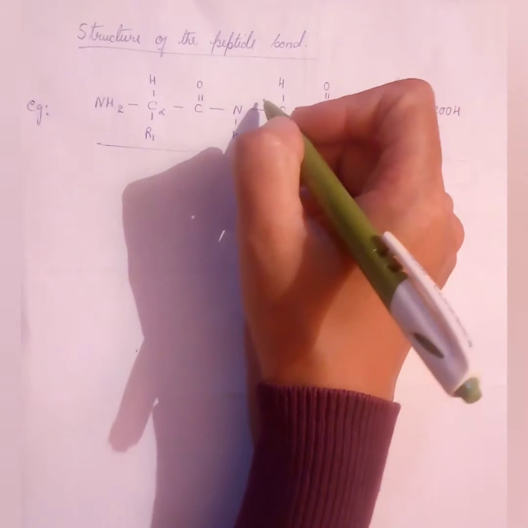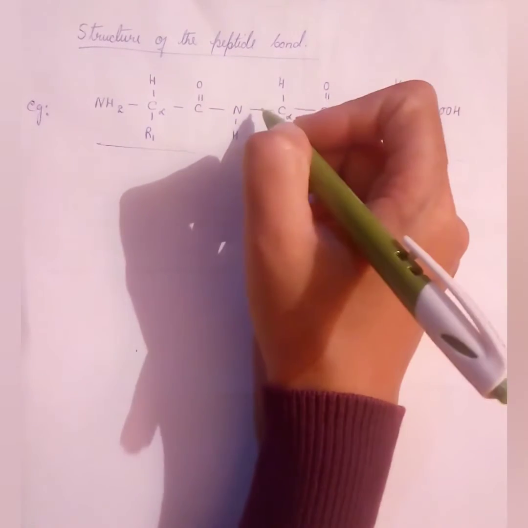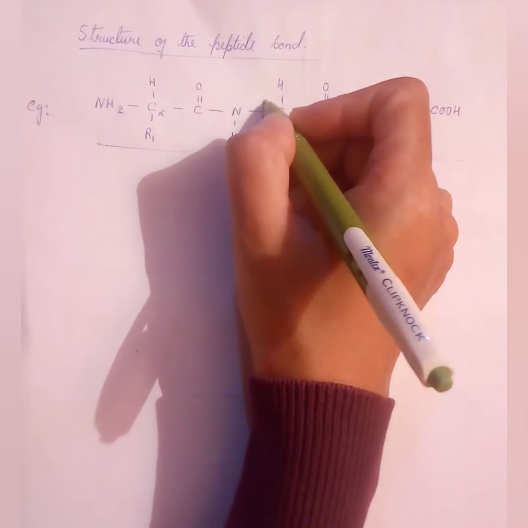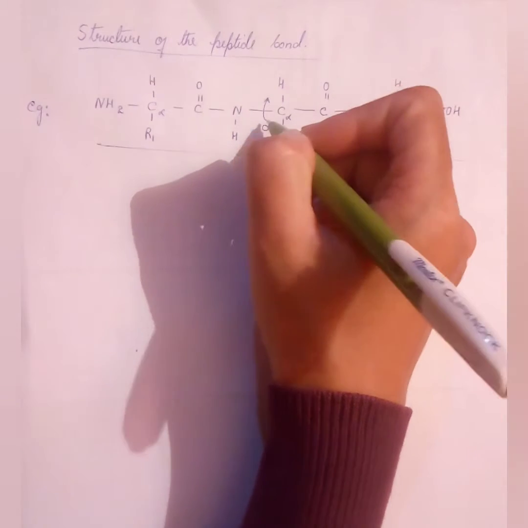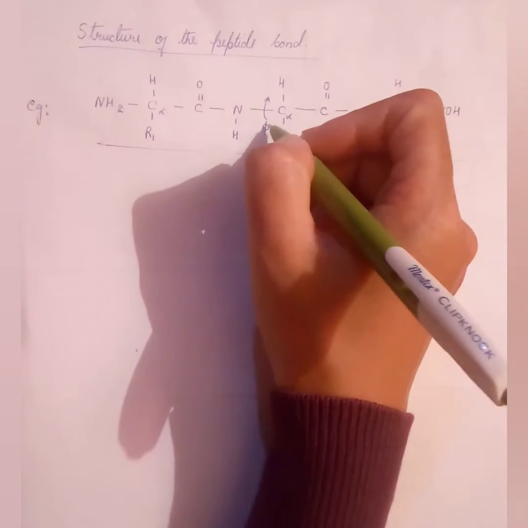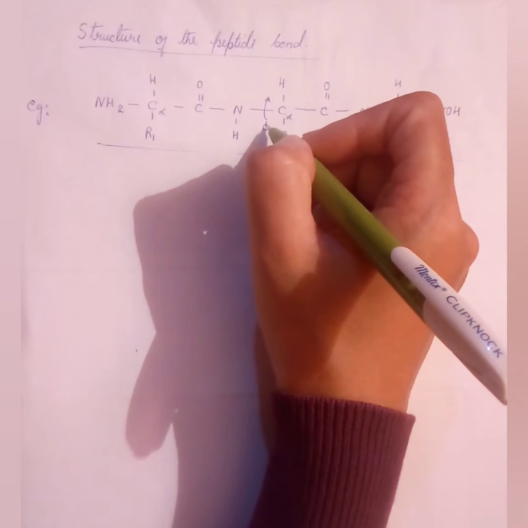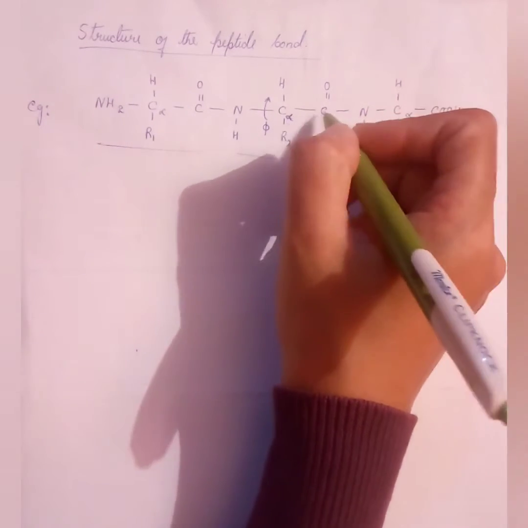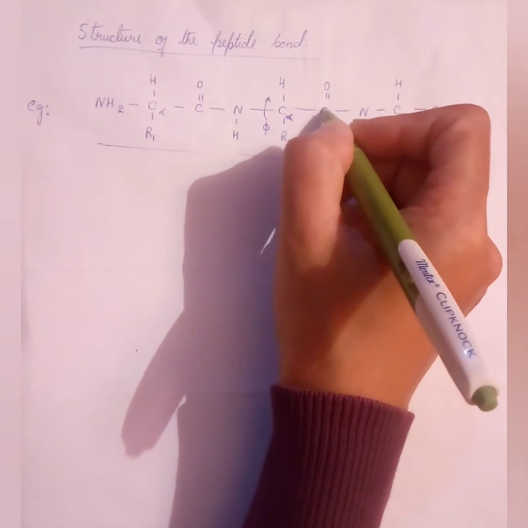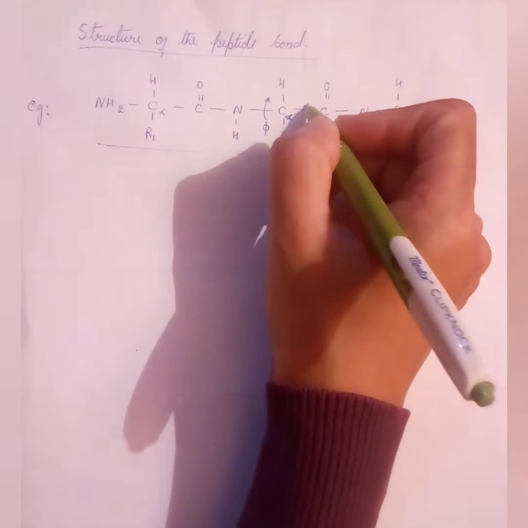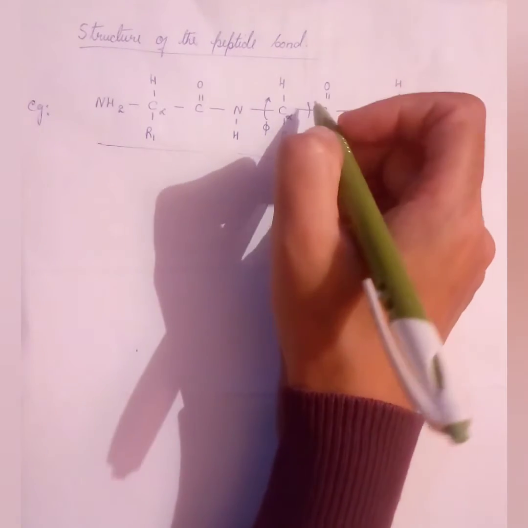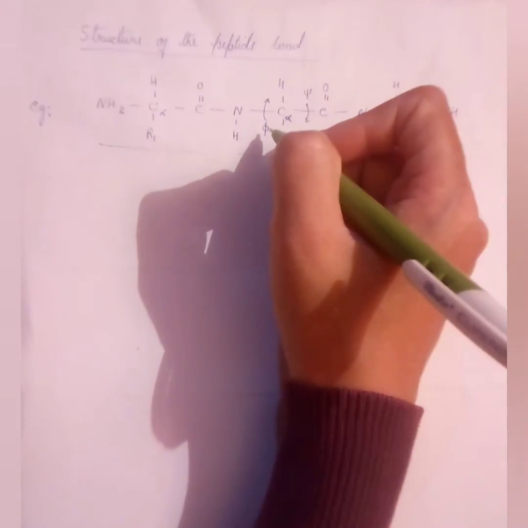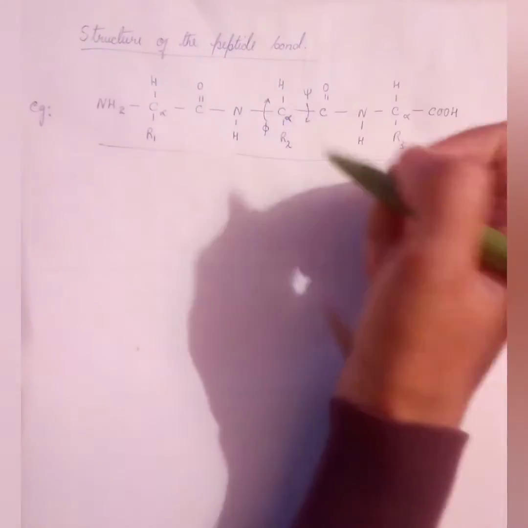Let me show you this one. This angle which is formed here is denoted by phi. And the bond which is formed between this alpha carbon atom and this carbon atom here is denoted by psi. So we have phi and psi.